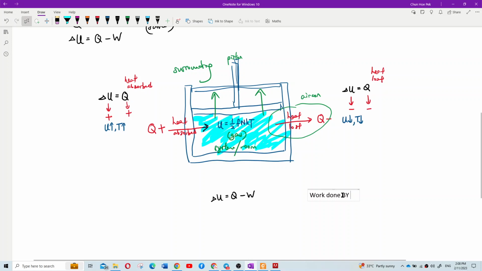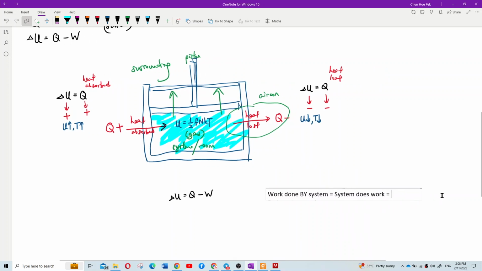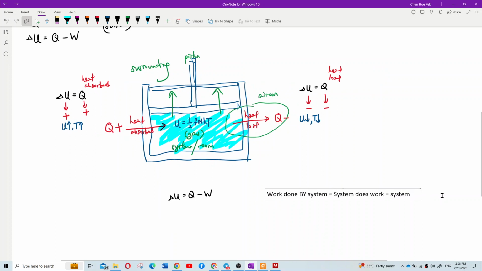Work done by the system means the system does work. How does the system do work? The system pushes up the piston.